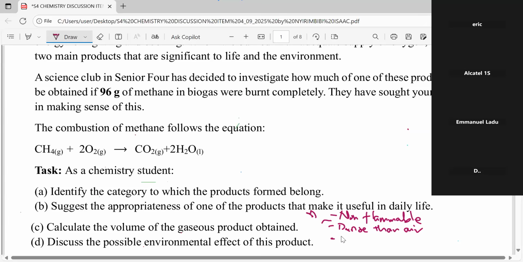It is soluble in water under pressure. It is colorless and odorless. Now, what do you know about this part B?